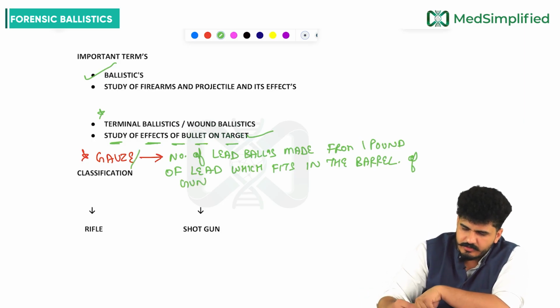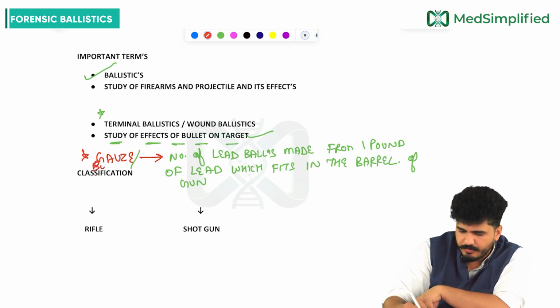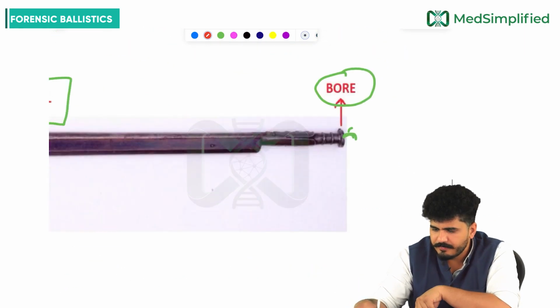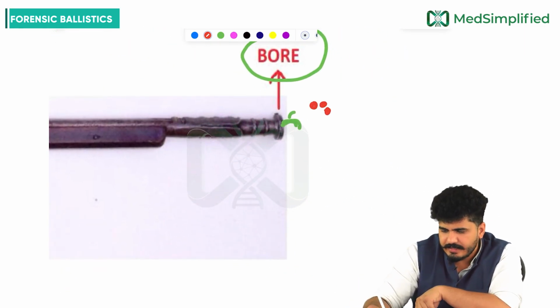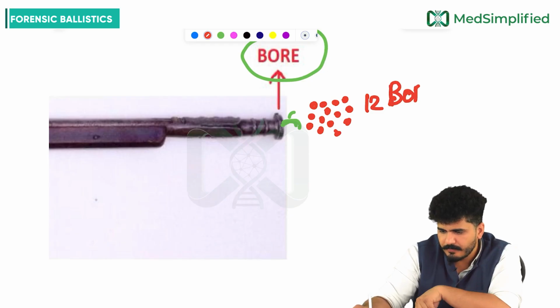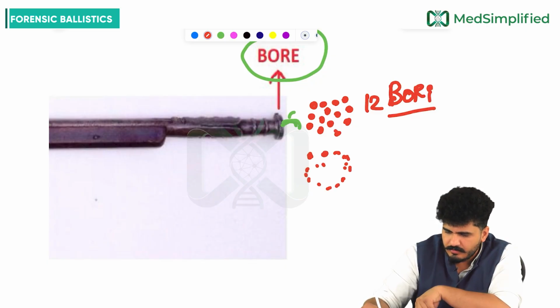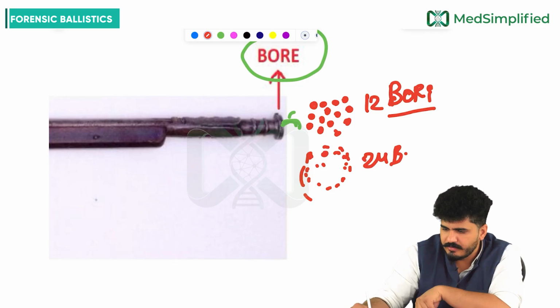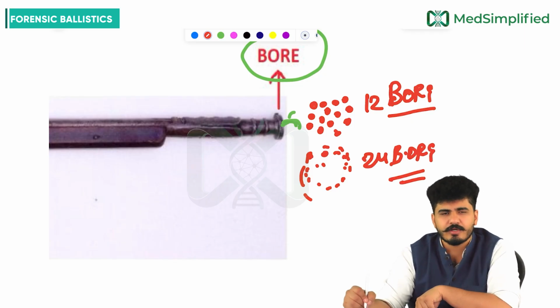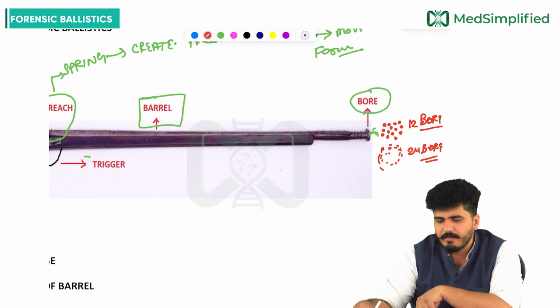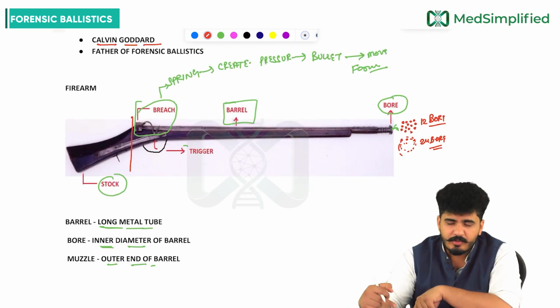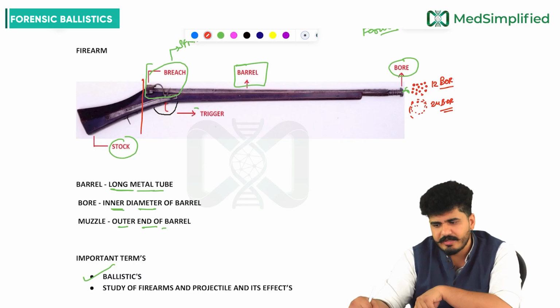So gauge also sometimes decides the bore. If 12 metallic balls can come inside this diameter, we call that a 12 bore gun. If 24 come, we call it a 24 bore gun, depending on the number of metallic balls made from 1 pound of the metal that fit inside the bore, the inner diameter.